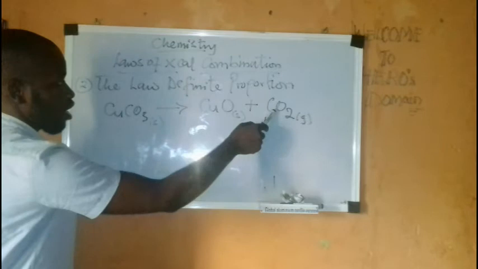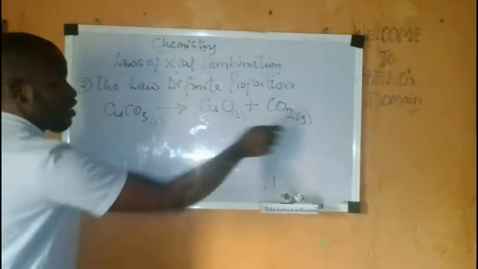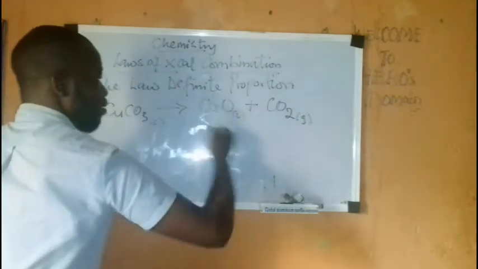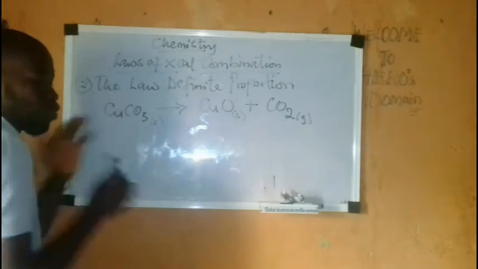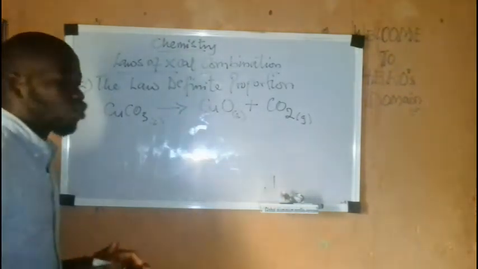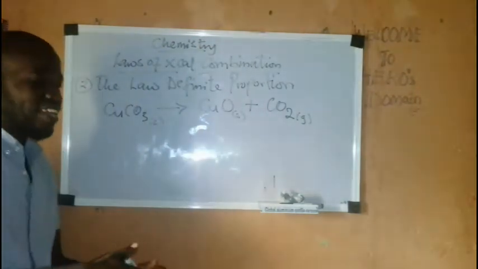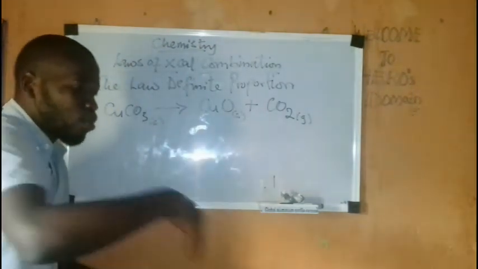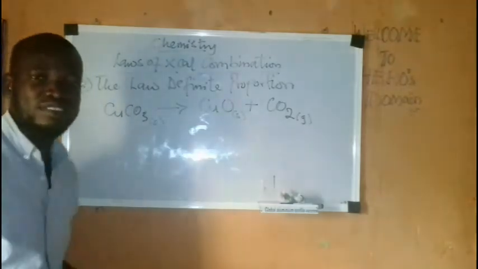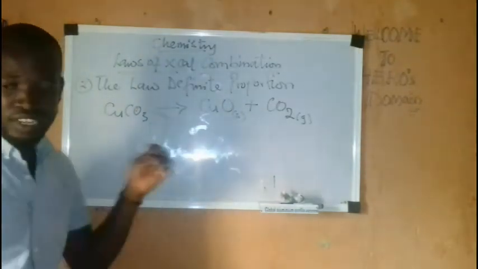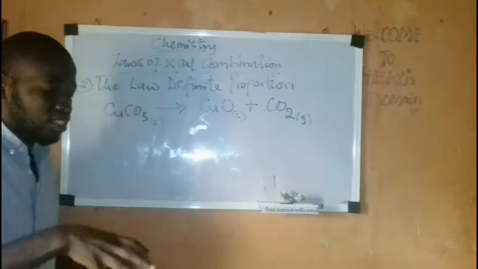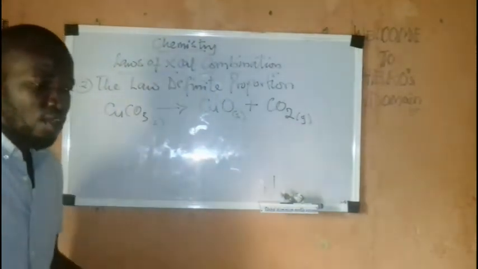Carbon here, and then oxygen. All these elements are contained in this compound, split to form the products, which are also combined in the same proportion by mass. The combination of the elements in the same proportion by mass is what we are going to illustrate now.